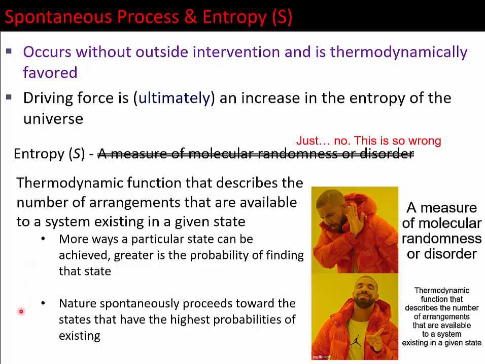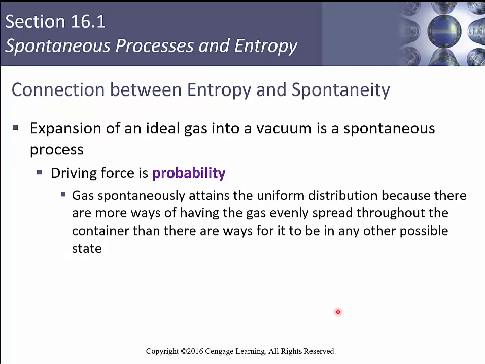Nature spontaneously proceeds to states that have the highest probabilities of existing. So, measure of molecular randomness or disorder? No. Thermodynamic function describing the number of possible arrangements, or microstates? Yes. So, let's look at another example.